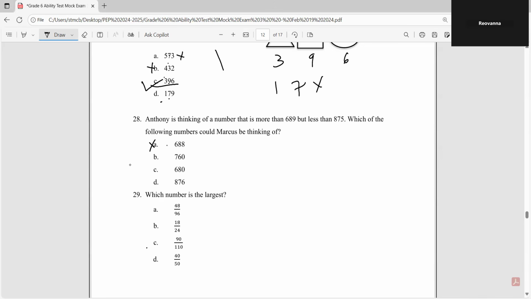And it couldn't be C because 680 is less than 689, and it couldn't be D because it's not less than 875. So therefore, the answer would be B, 760.